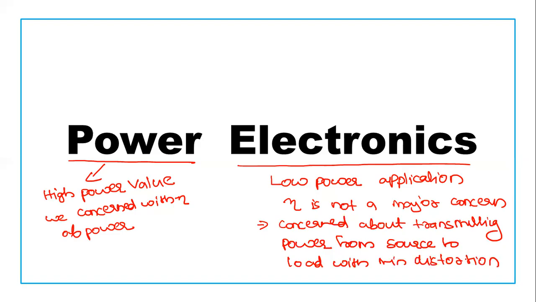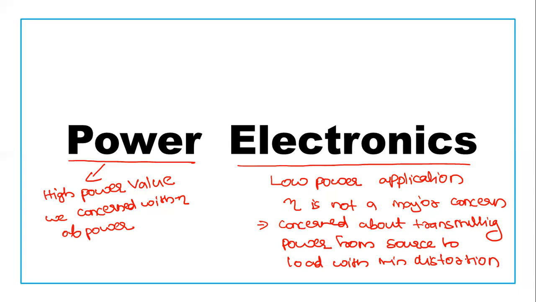So power electronics basically is a combination of both, how we are using electronic applications for power transfer. Power electronics is a subject that concerns the application of electronic principles in power engineering. So now we are introducing to you a new subject that is a combination of both, power electronics.